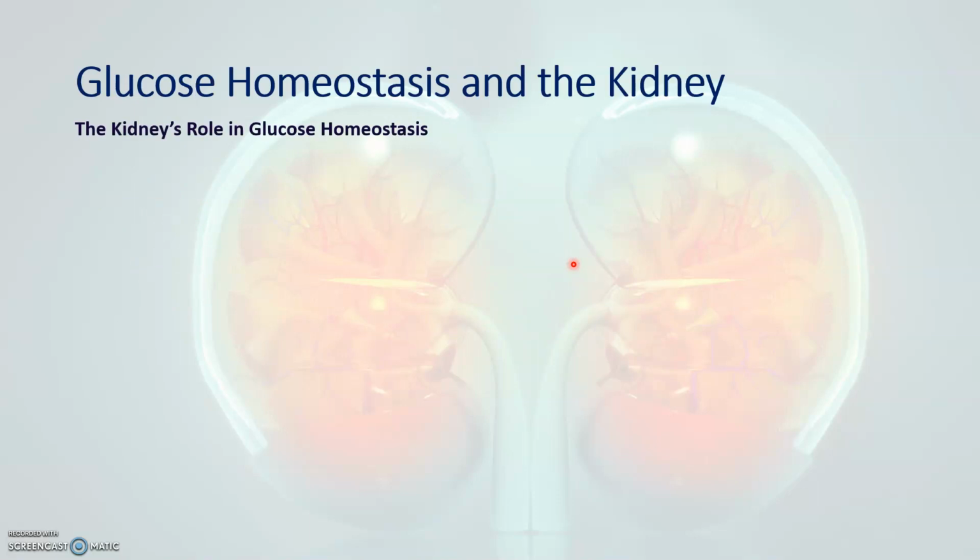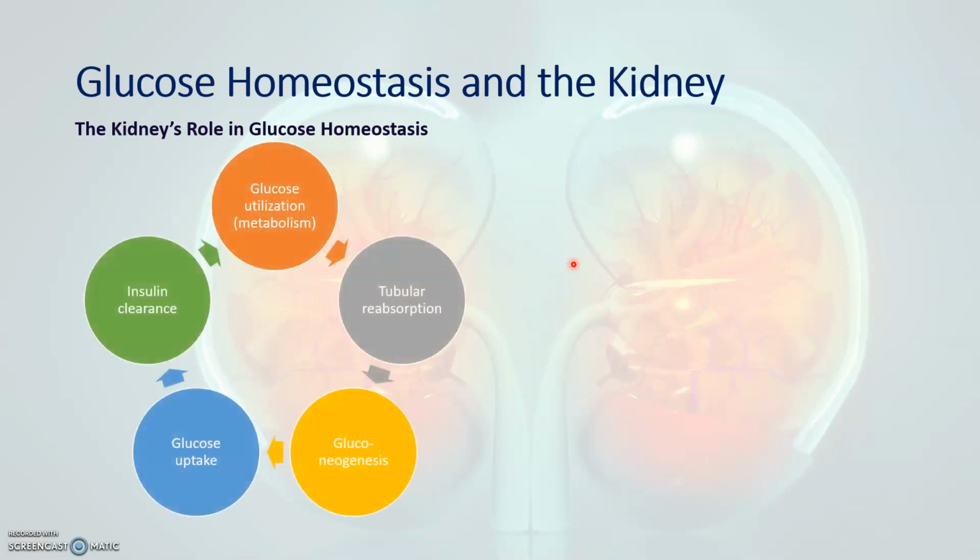The kidney has many roles in glucose homeostasis. Remember that nearly all of the glucose in the blood is filtered by the kidney, and in normal patients all is reabsorbed.